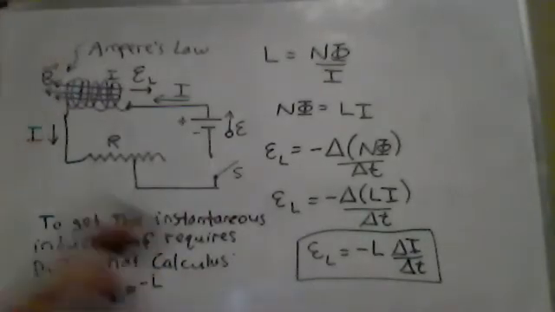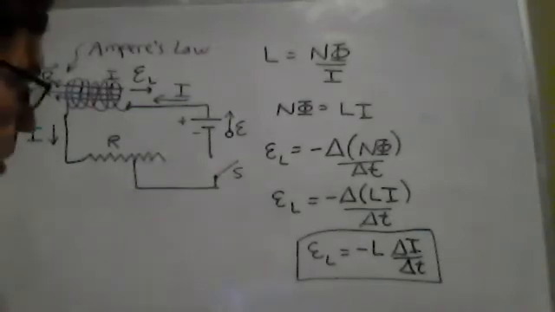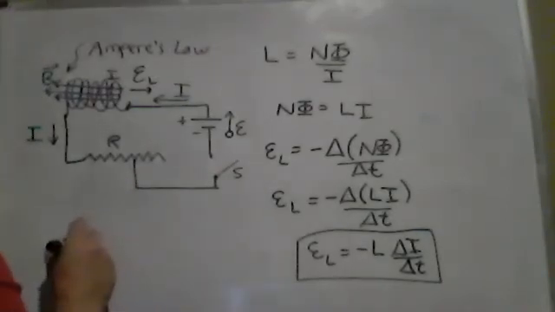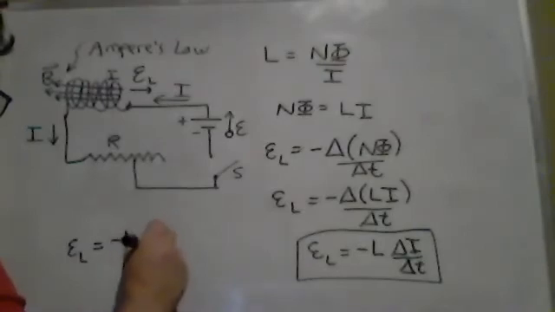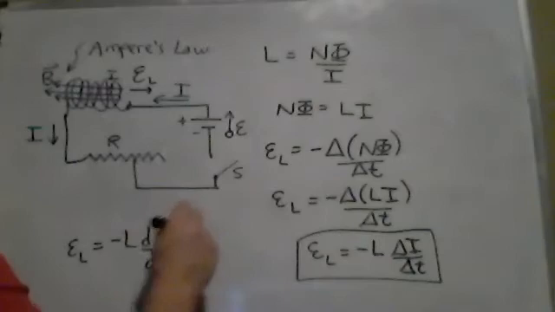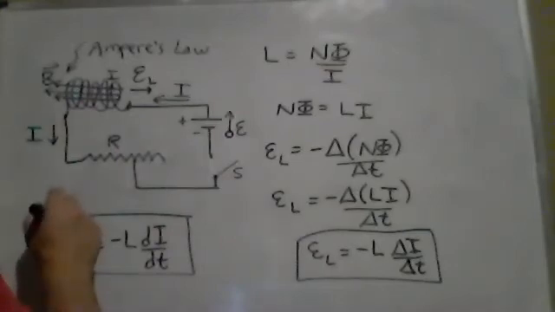Let me write this up. I'm running out of space here. So in reality, if I want instantaneous, I would say that epsilon sub L is negative L dI/dt. This is the first derivative of the current with respect to time, and this is the instantaneous EMF.